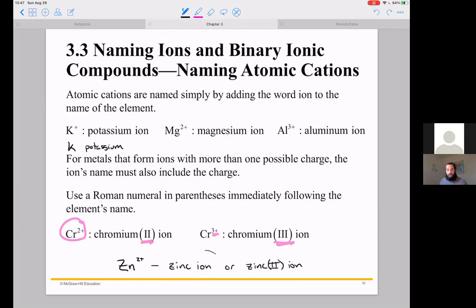So if you just think to yourself, transition metals require Roman numerals, that's going to be the way to go in my course. If you want to memorize those exceptions and just put zinc ion, that's perfectly fine. But I'd like to make it easy for everybody and just say anytime it's a transition metal, we have to put the charge in parentheses.